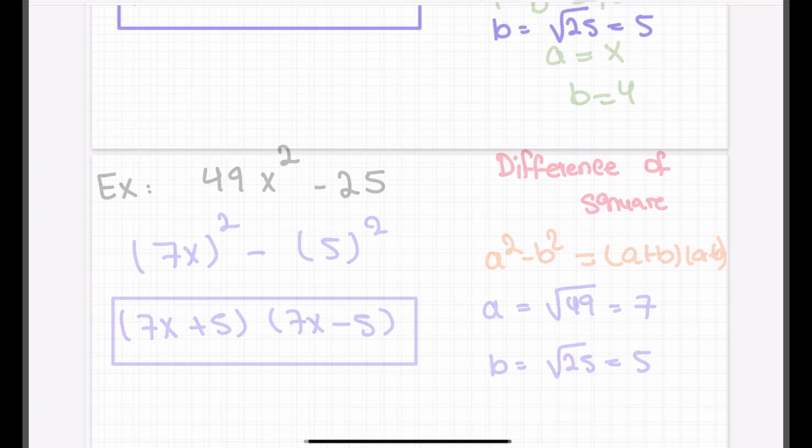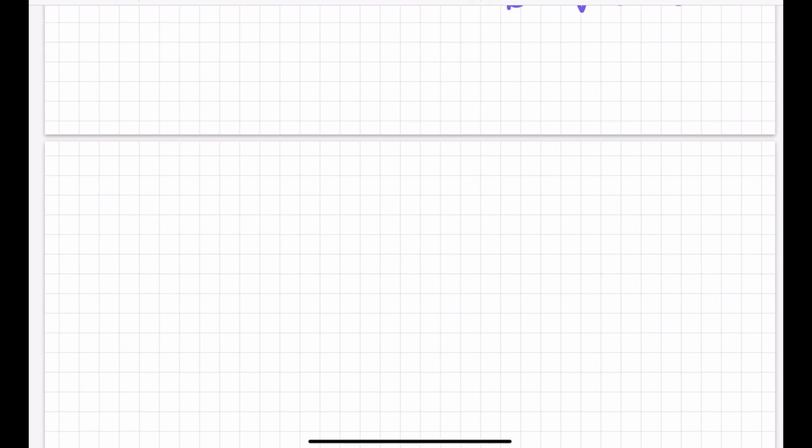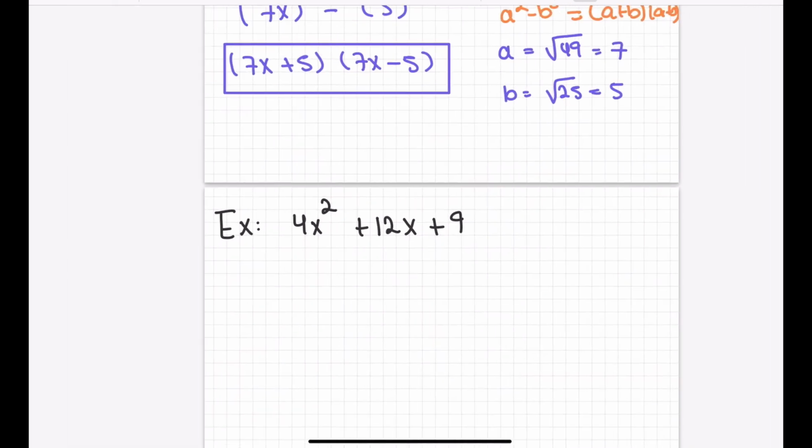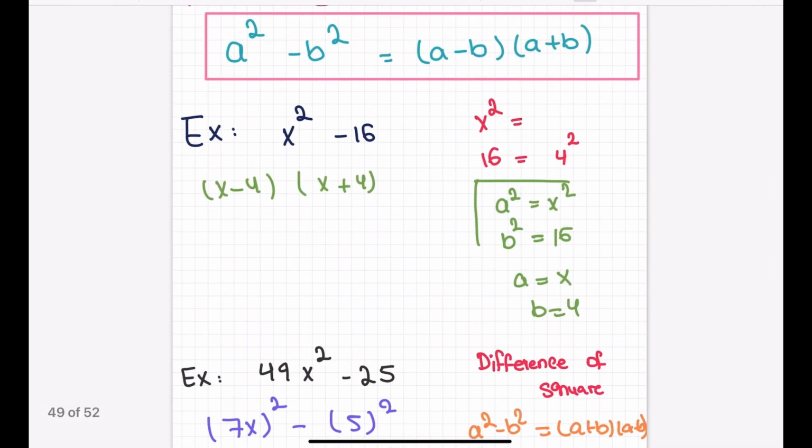Alright, then the next example I'm going to give you is 4x squared plus 12x plus 9. The first thing you will realize is that this is a trinomial. So this cannot be a difference of squares, because in a difference of squares, you see, I had only 2 terms.